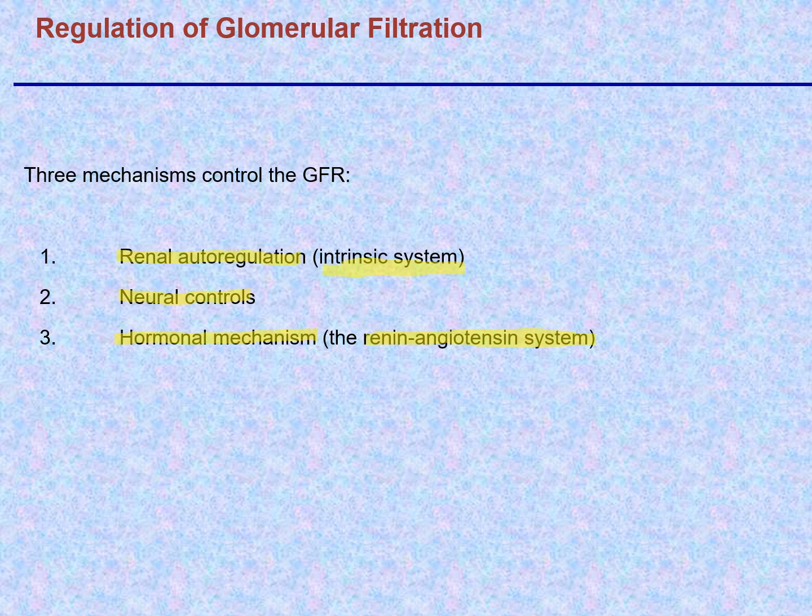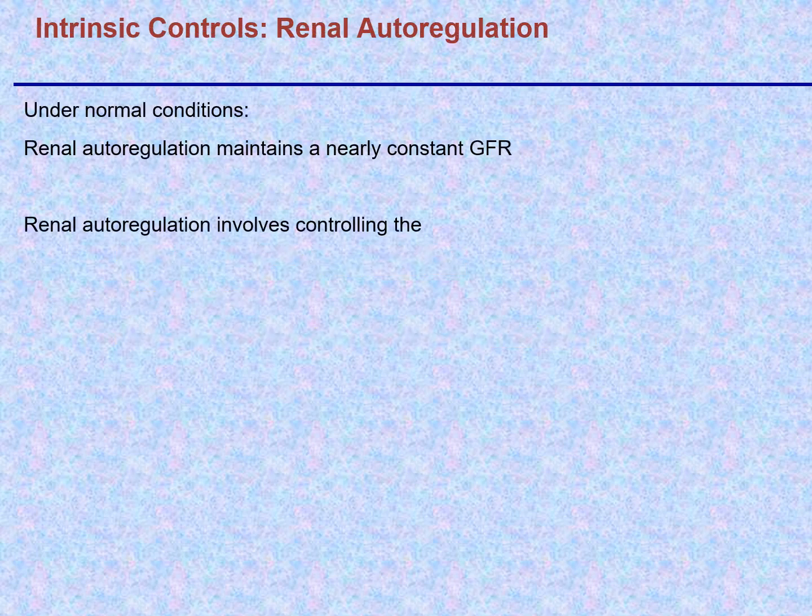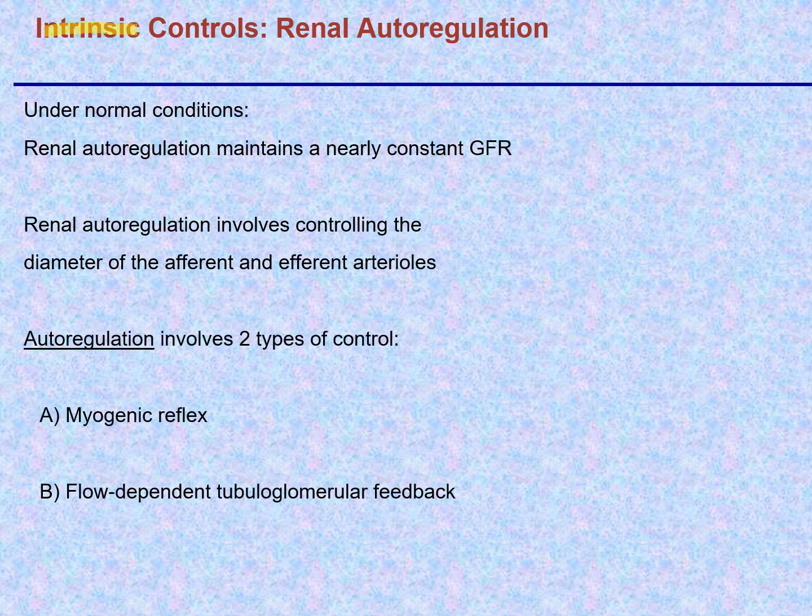Now, these regulatory mechanisms are not simple, and there's quite a bit of detail here. We'll go through it. The first, renal autoregulation, as I said, is a built-in intrinsic system. Under normal conditions, autoregulation by the kidneys on their own is enough to maintain a nearly constant, appropriate GFR.